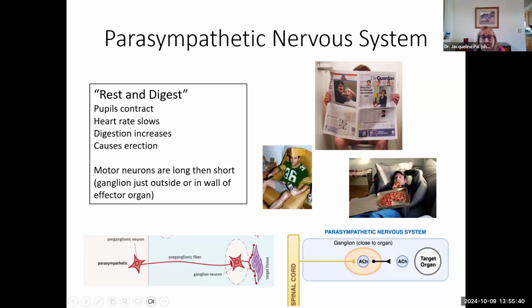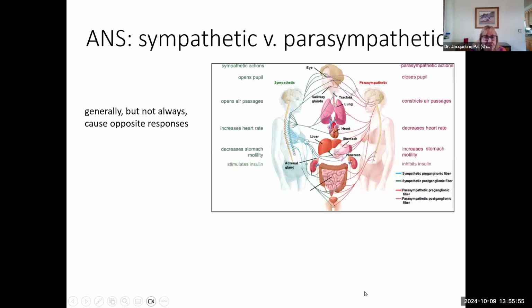Okay. And remember, both of these neurons are going to be releasing acetylcholine for their neurotransmitter. And also don't forget the preganglionic neuron is going to be myelinated.